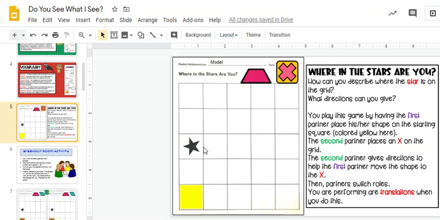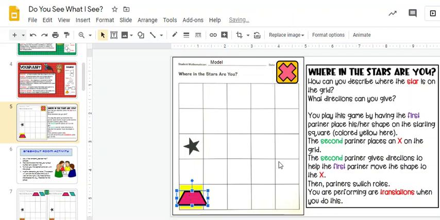So you play this game by having the first partner place his or her shape at the starting square, which is colored yellow. So I only have one shape because it's just me, but I'm going to put my trapezoid right there. Then my second partner would place an X somewhere on the grid. So maybe right here.